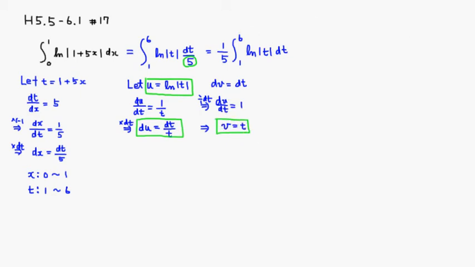All right, so for integration by parts, we have to multiply u and v together.